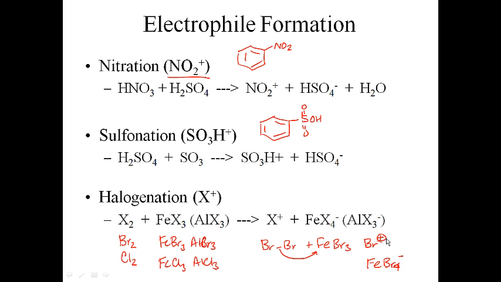This Br+, or Cl+ if we did this reaction with iron trichloride, would end up adding to the ring, and so we could halogenate rings and substitute a hydrogen with that halogen.